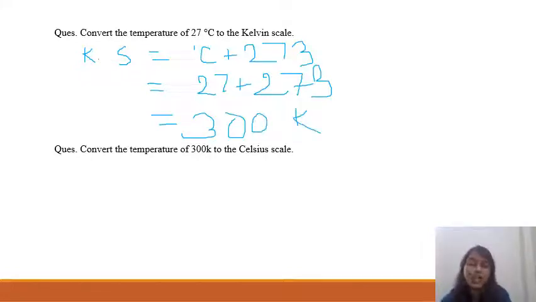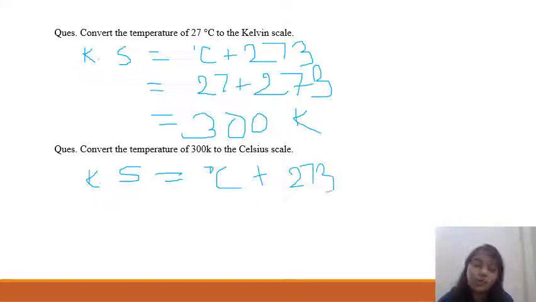Now question number 2. Convert the temperature of 300 Kelvin to Celsius scale. So first, just write the equation. Kelvin scale value equals degree Celsius plus 273. Now in this we are given the 300 Kelvin value and we have to calculate degree Celsius.